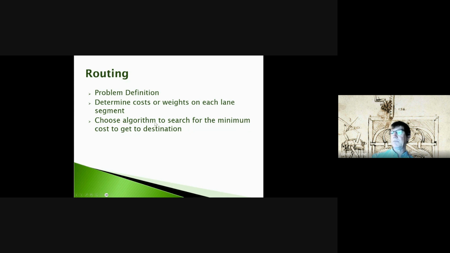So again, we've got a couple of algorithms, many more. They're good, better, and best, maybe. I don't know. But the tough part, the thing that may make your solution better than your competitor's solution, is the assignment of weights on each lane and properly defining your problem.